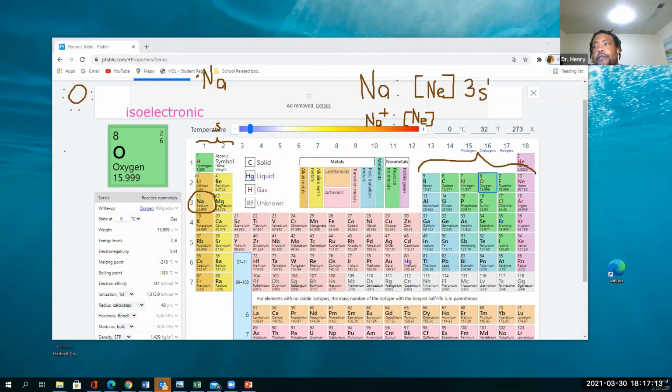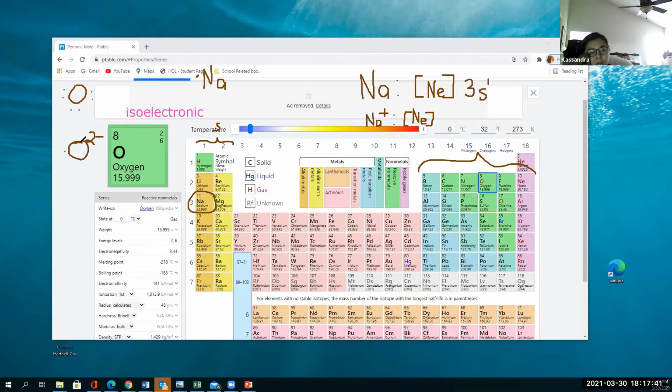Would it lose two or would it gain two? It would take two more. So if it gains two, it becomes O2-, meaning there are two additional electrons beyond the number of protons. That makes it a negative charge.